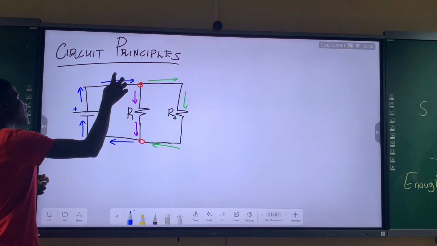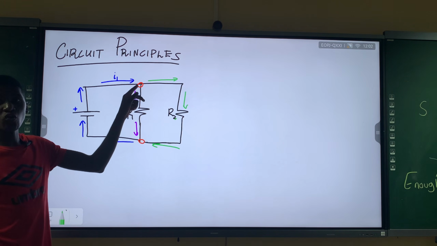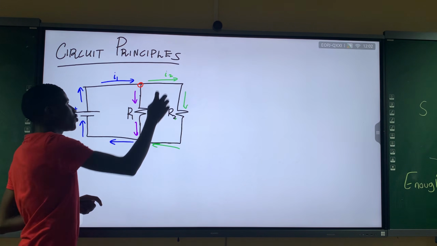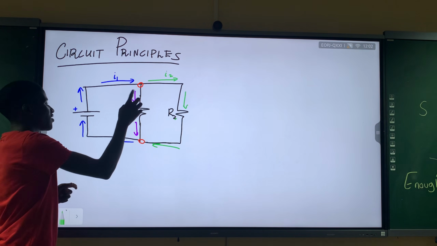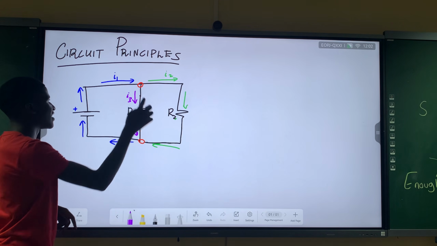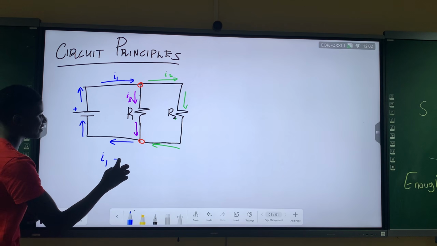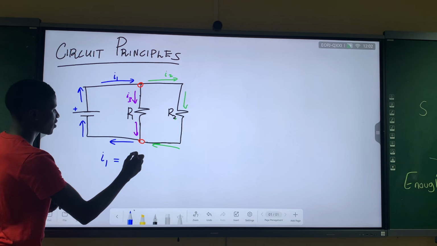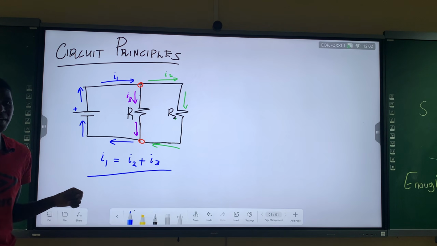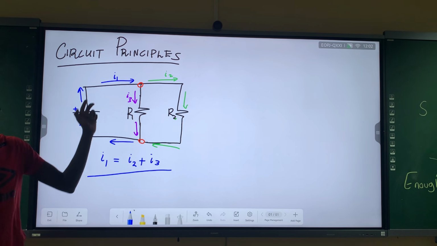If this is current I1, when it reaches this node, it will split. One part will go that way, let's call it I2. The other will go here, let's call it I3. So to find I1, we can say that current I1 is equal to current I2 plus current I3. Remember, I1 is the total current coming from the battery, from the voltage source.